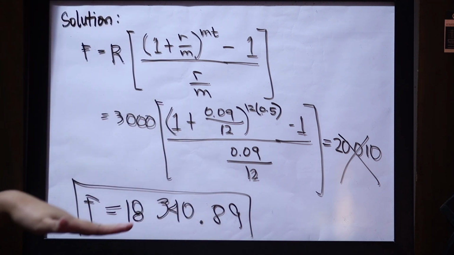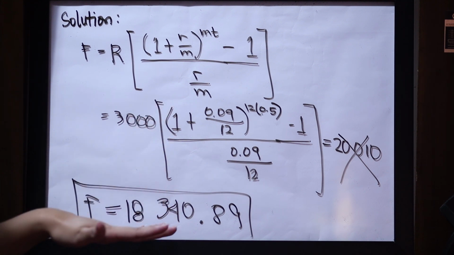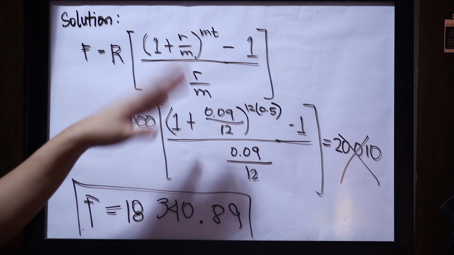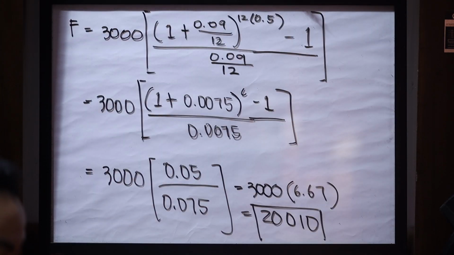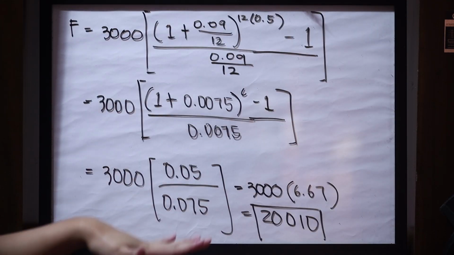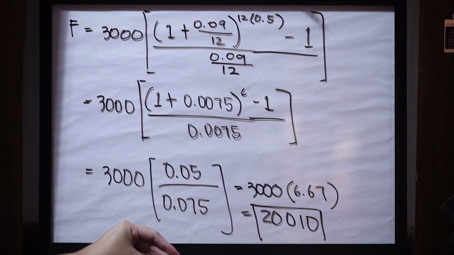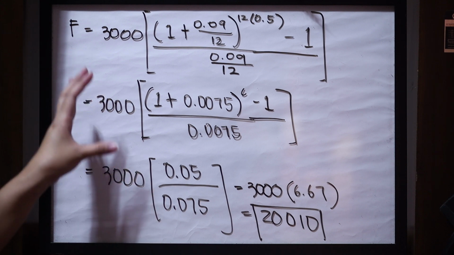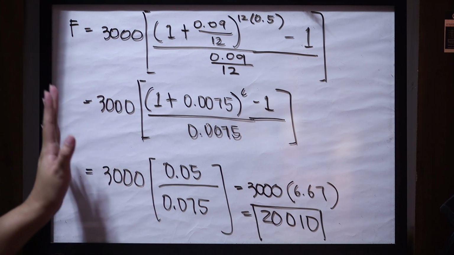So, if ever your answer is 18,340.89, your answer is correct provided that this is your solution. Ngayon, if your answer naman is 20,010, it is also correct provided that this is your solution. Ito yung makikita ko sa solution ninyo. Kung ano yung mga values na nilalagay ninyo sa calculator ninyo, yun din yung makikita ko sa written solution.